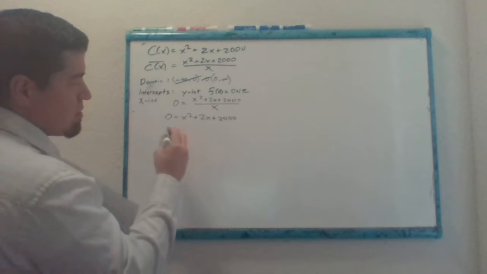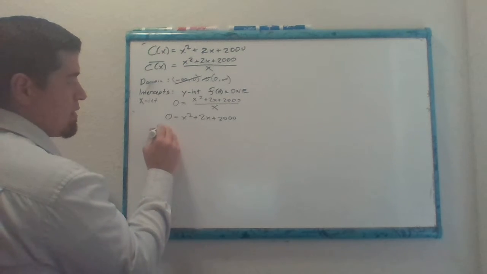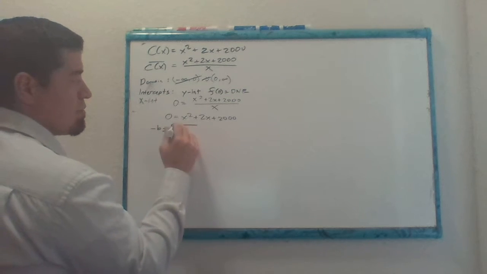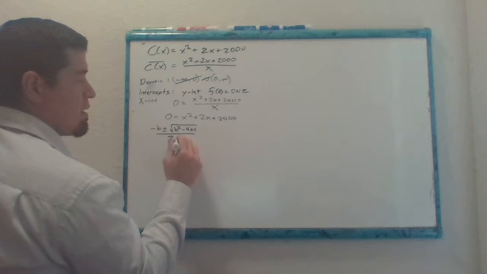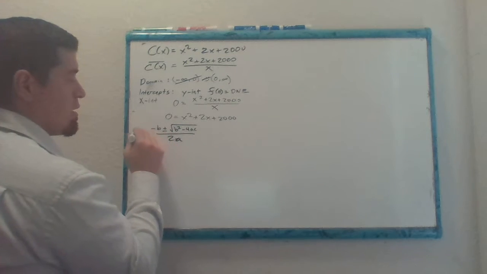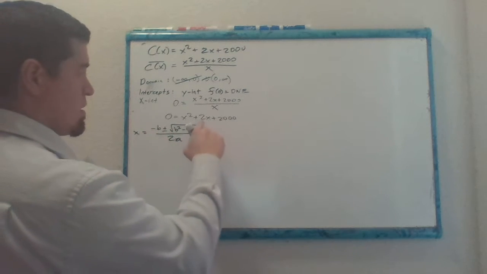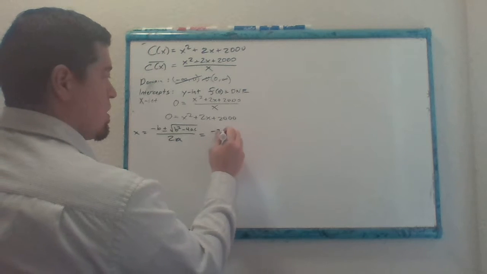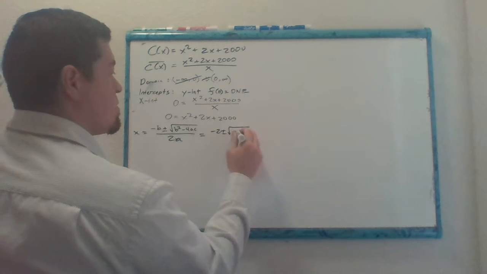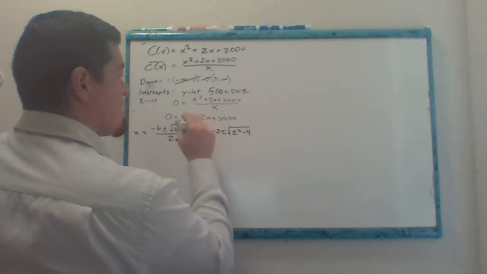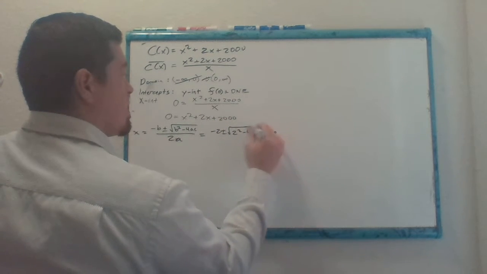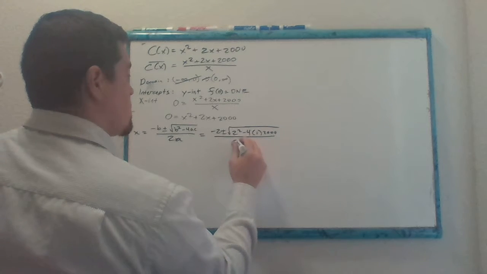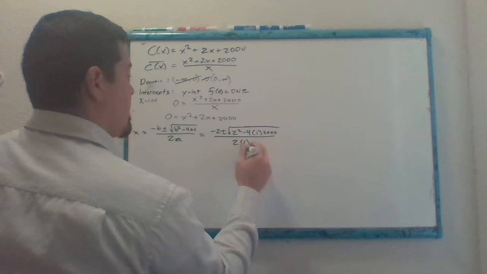You might have to change the window a little bit, but by hand, if you did negative b plus or minus the square root of b squared minus 4ac, because it's a quadratic, I can solve this. Sure, we'll do this real quick. So b is 2, so negative 2 plus or minus the square root of 2 squared minus 4 times a is 1, c is 2,000, over 2 times 1.